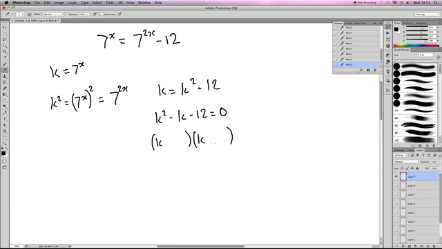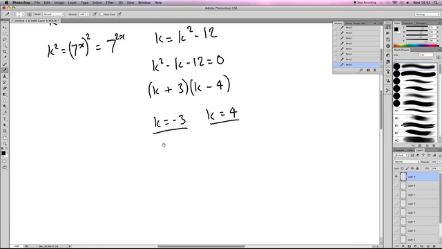So it's going to be 3 and 4, I reckon. That's got to be minus, that's got to be plus. So that times that gives us minus 12, plus 3, yeah, that works. So I've got k equal to minus 3 and k equal to 4.